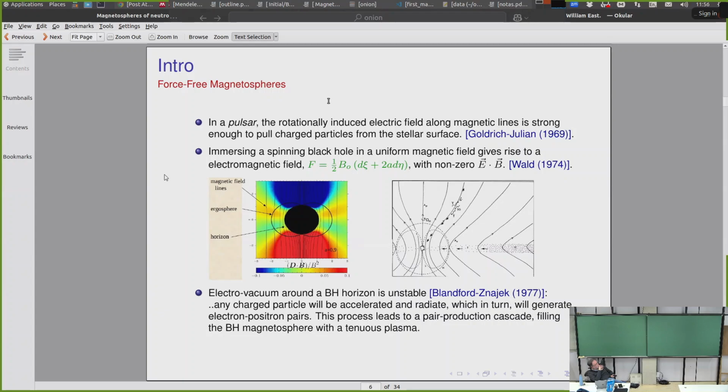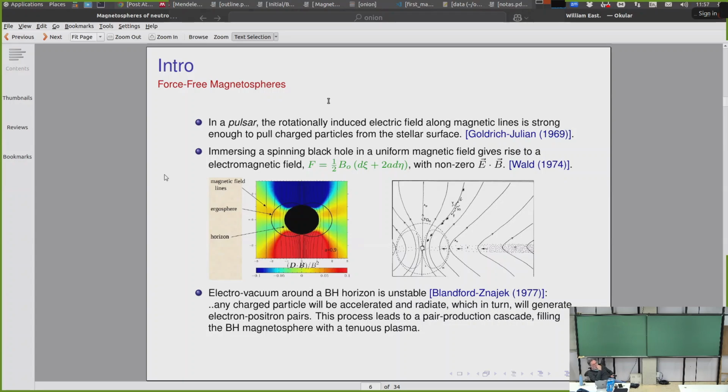So the particles will evolve with the equation of motion, considering the background electromagnetic field, and at the same time they will be the source of the evolution of the electromagnetic field.